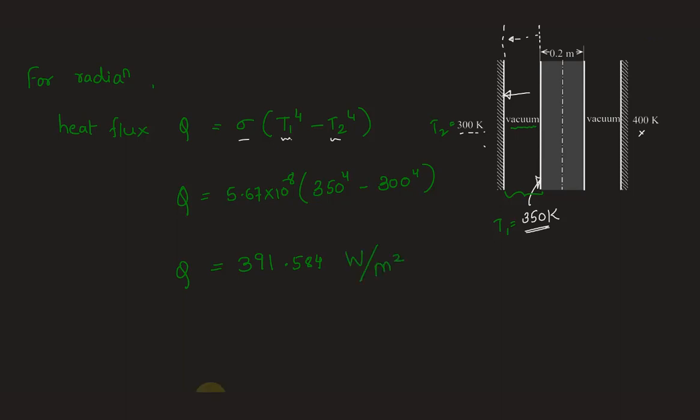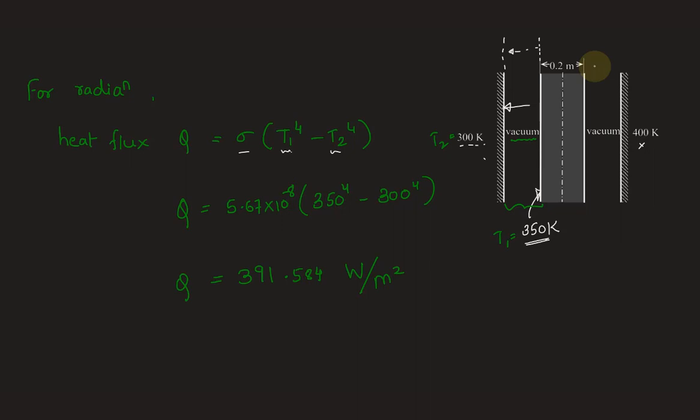So this is the heat flux coming out from the plate. Now we know that through the plate, the heat flux inwards will be equal to the heat flux outwards. That is, the heat flux entering the plate will be equal to that leaving the plate.